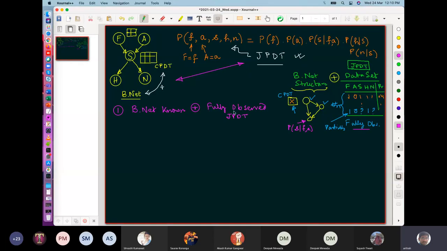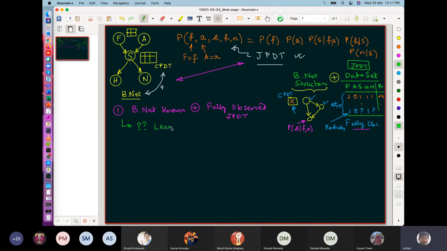Do not misclassify: fully observed means that there are some entries, but everything is complete. There are no vacant places here.